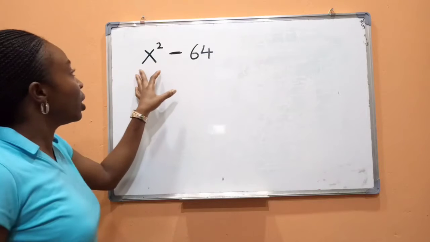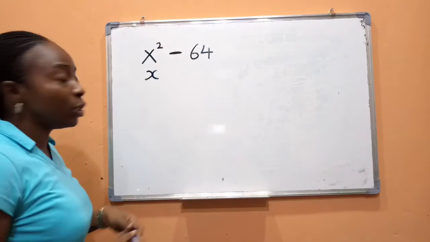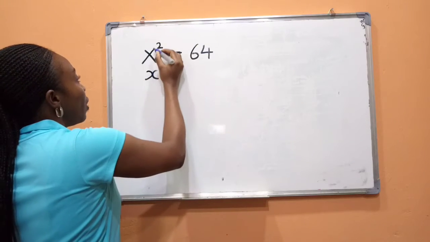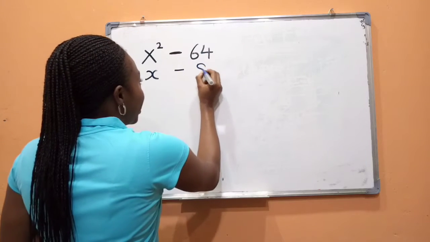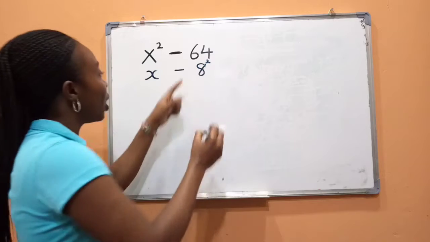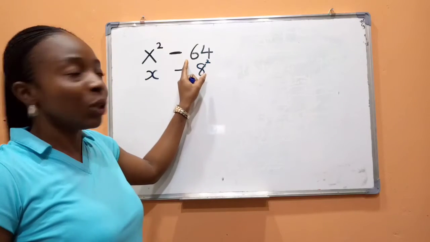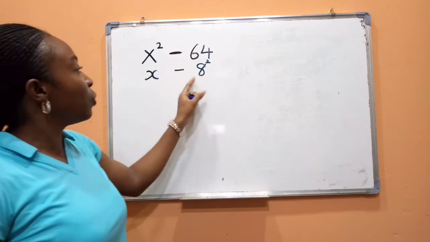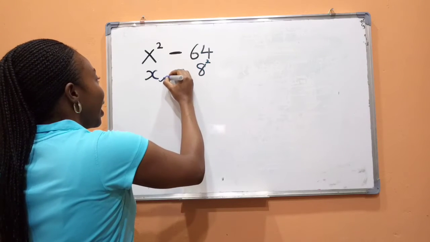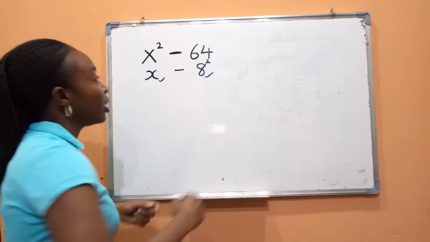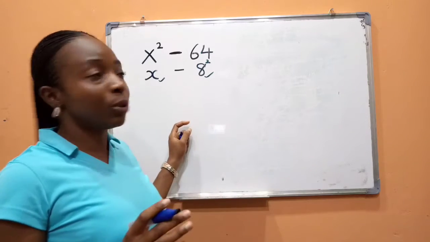Let's take a look at this example. When you square x, you have x squared, and when you square 8, you're going to have 64. So it is finding the difference between two quantities, in this case x and 8, that are being squared. That's simply what it is.